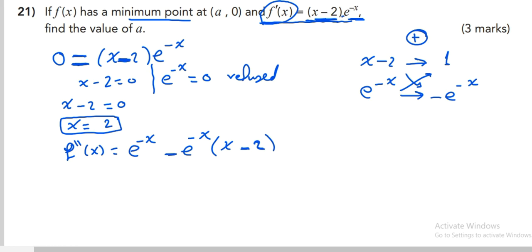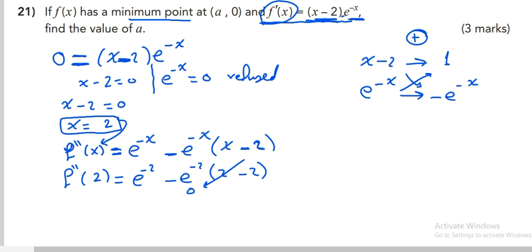Here we have to put the value of x in its place in the second derivative, so f double dash of 2 equal e to the power negative 2 minus e to the power negative 2 multiplied by 2 minus 2. This part equals 0.